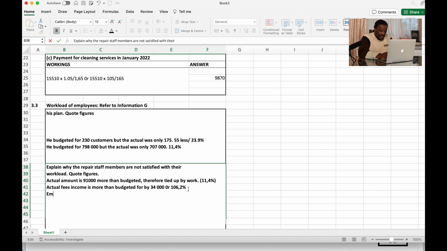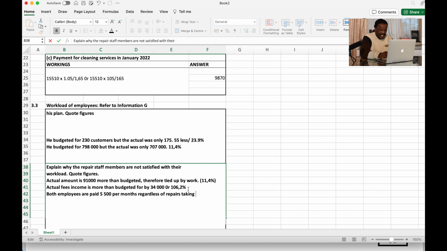Both employees are paid 5,500 per month, regardless of repairs taking place.